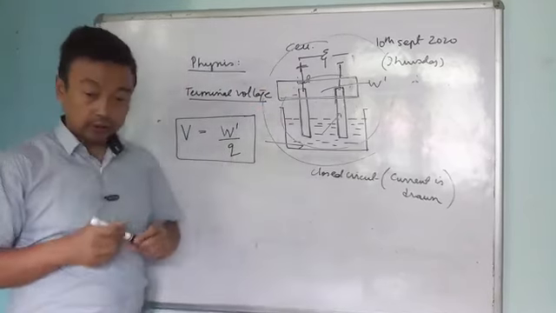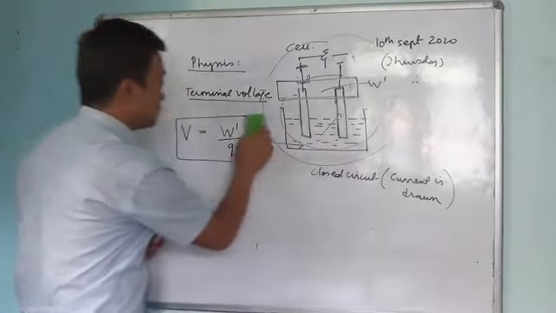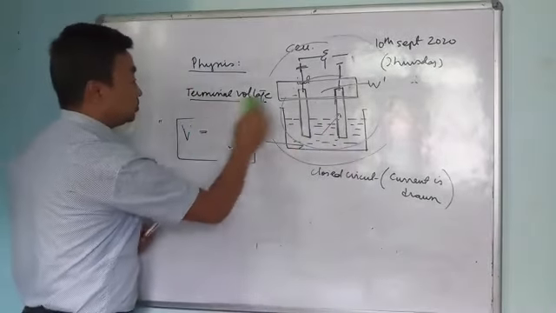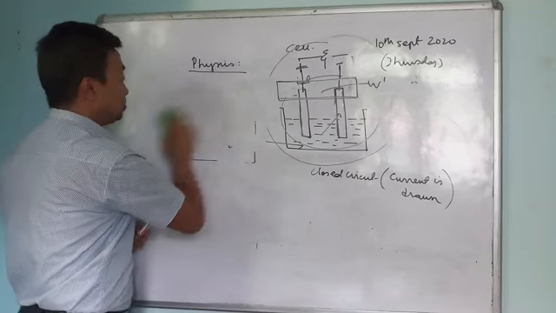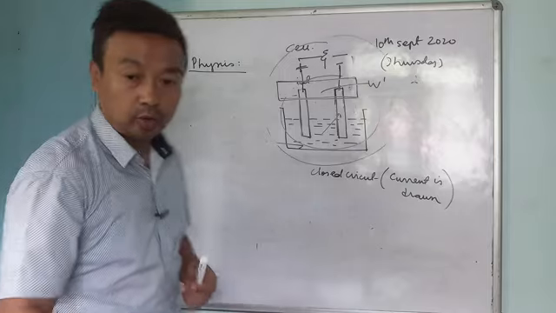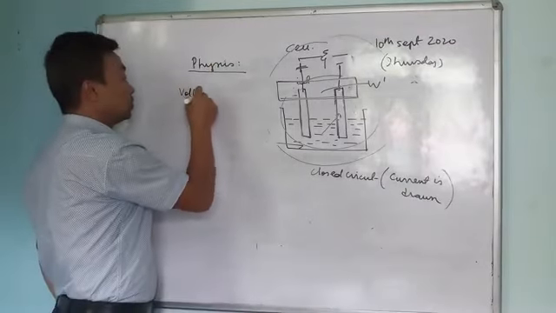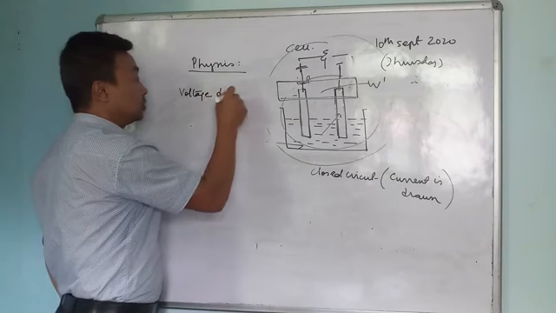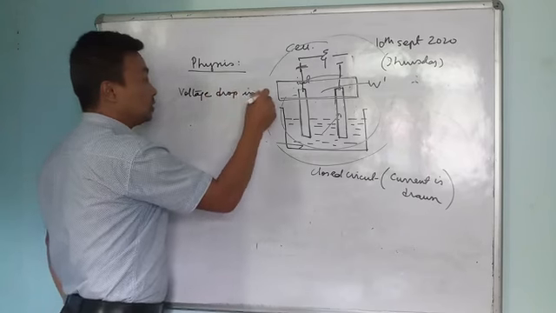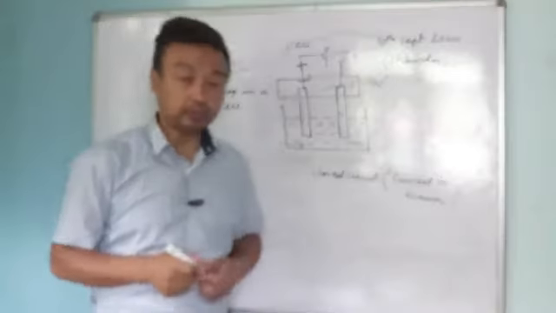Now we come to the third part of this, that means when you go inside the cell in the electrolyte. That is called the voltage drop in the cell. Voltage drop in a cell. Now what happens to the voltage drop?